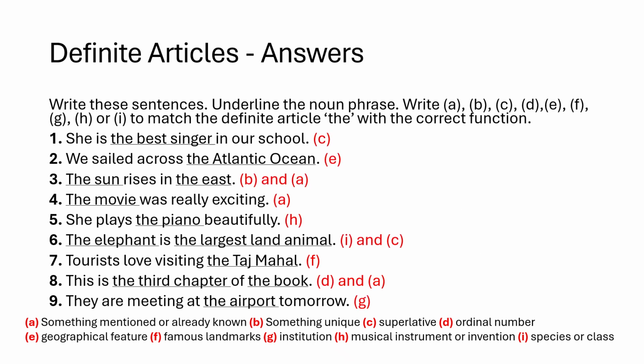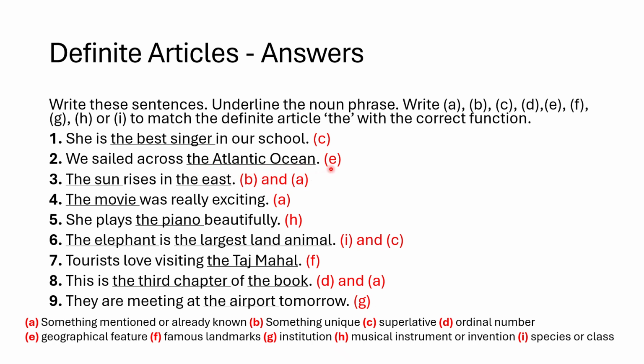Check your answers. 1. She is the best singer in our school. You should have underlined the best singer. The is showing a superlative. 2. We sailed across the Atlantic Ocean. You should have underlined the Atlantic Ocean.